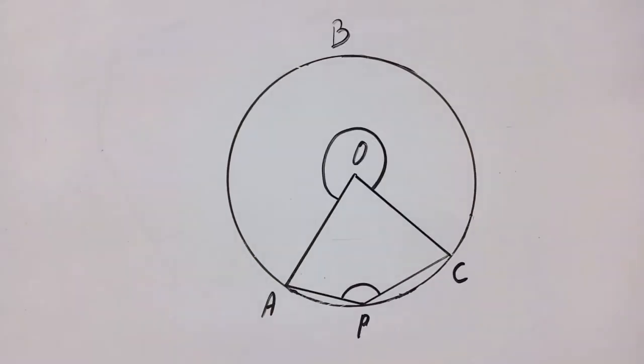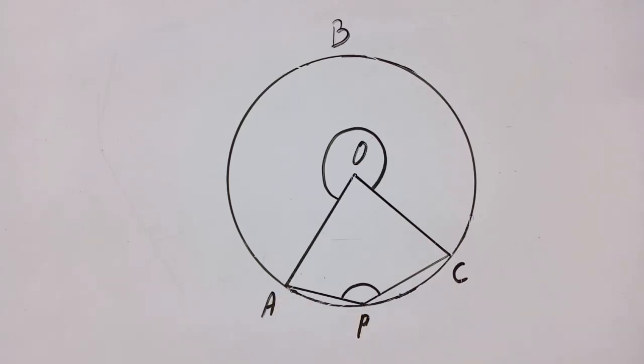Now the same property with the second case. In a circle, the reflex angle AOC is subtended by the major arc ABC, and the angle subtended by the same arc at the circumference is the angle APC.